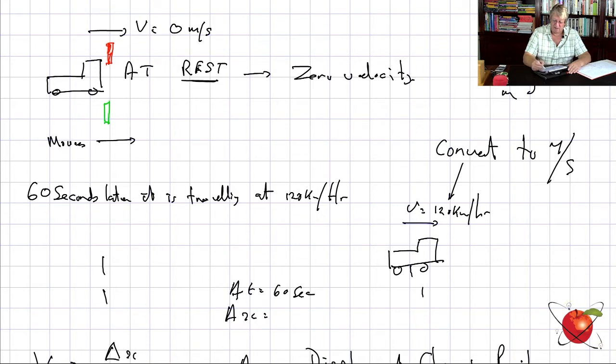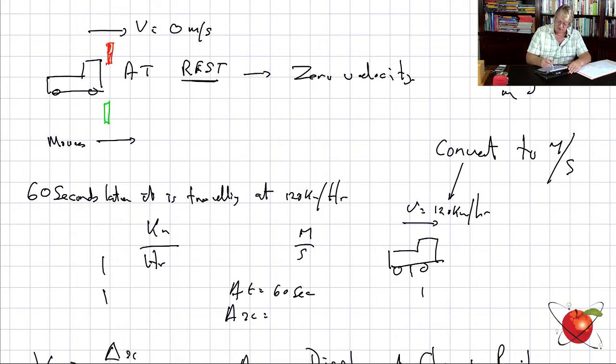If I'm going down, I am multiplying. So I've got kilometers per hour, and I want to change that to meters per second.